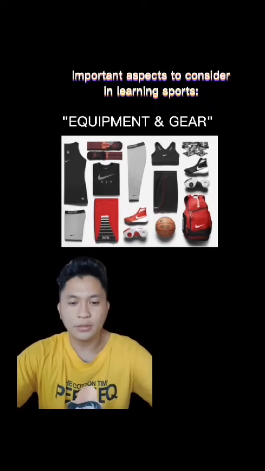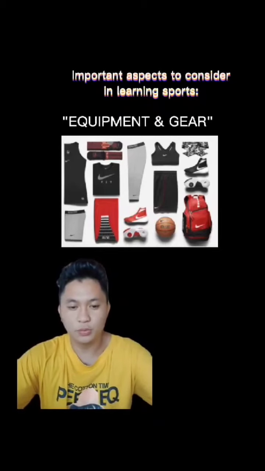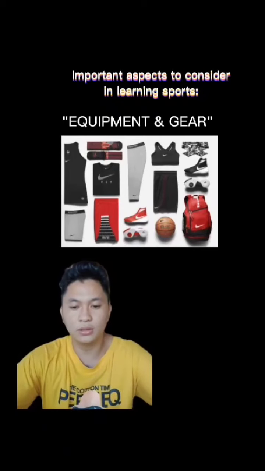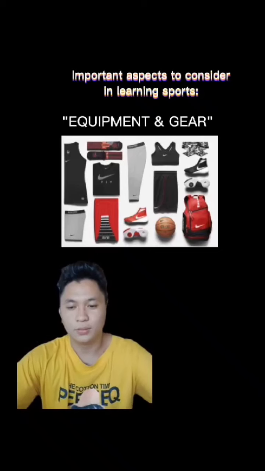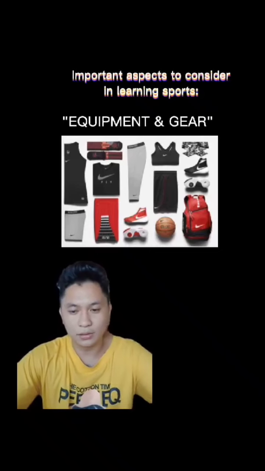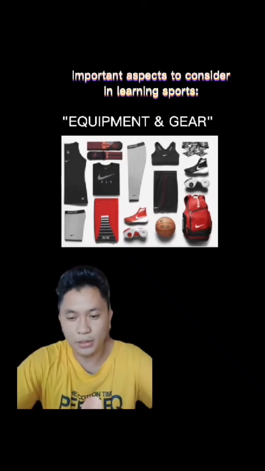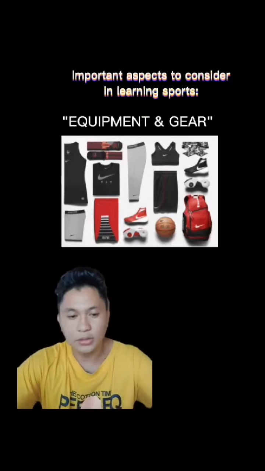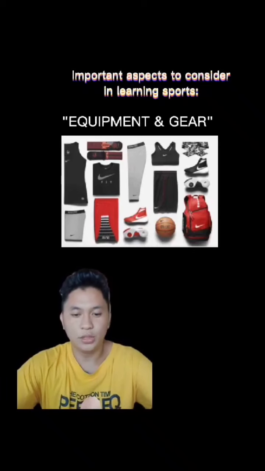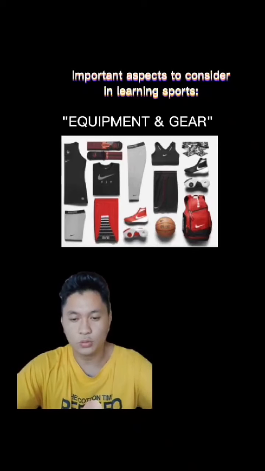The necessary protective equipment should be used regardless of whether it's a game, practice, or just fun. Protective gear such as helmets, knee padding, mouth guards, etc. should be appropriately used whenever sports activities are being played.